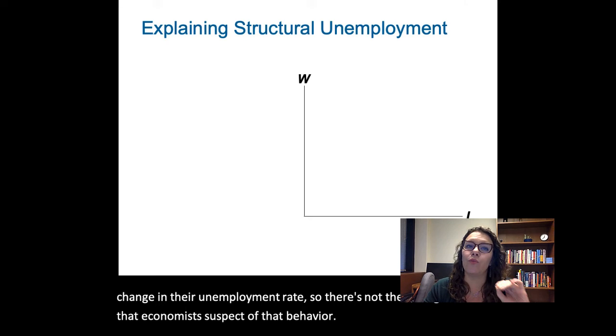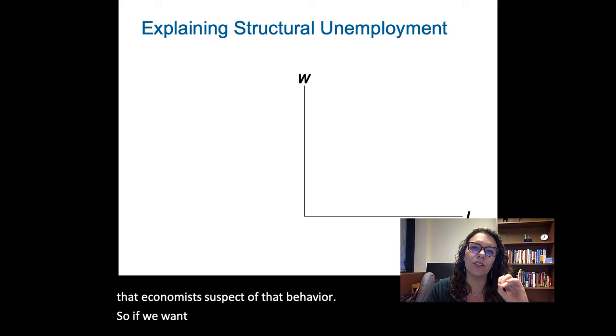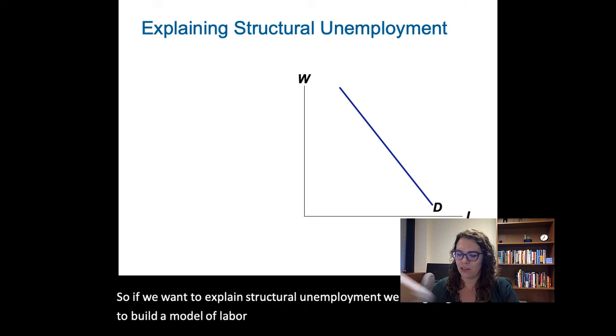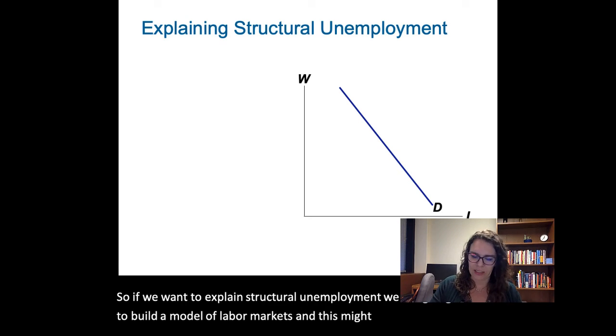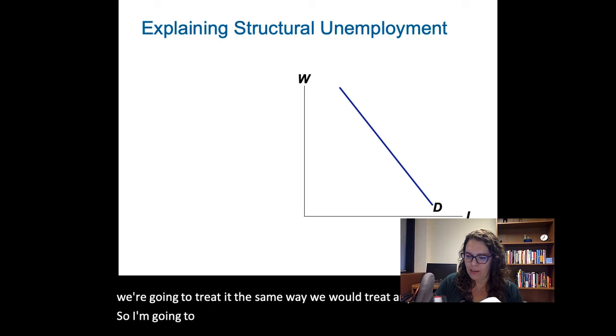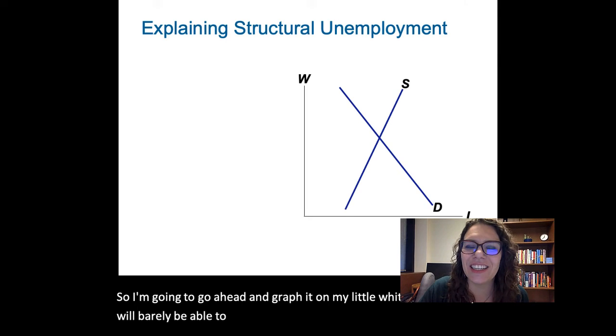So if we want to explain structural unemployment, we are going to have to build a model of labor markets. And this might look familiar because we're going to treat it the same way we would treat any other market. So I'm going to go ahead and graph it on my little whiteboard that you will barely be able to see in addition to over here.